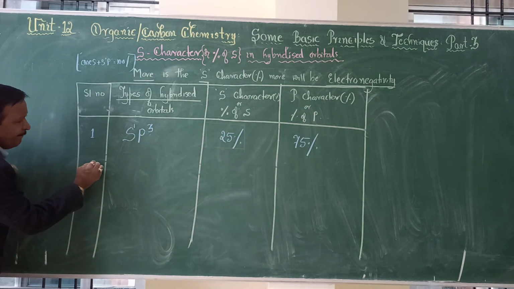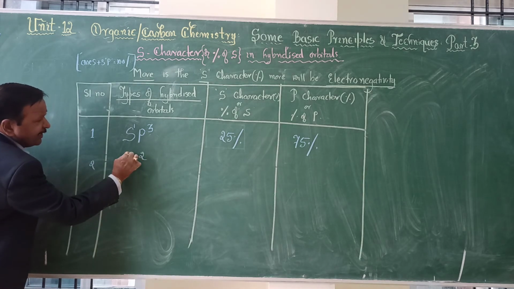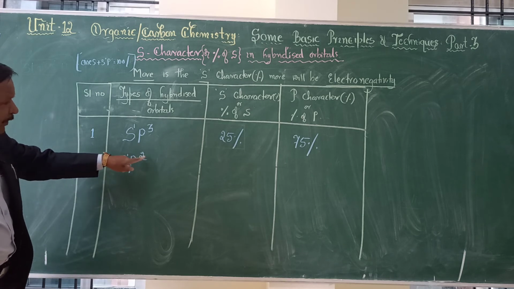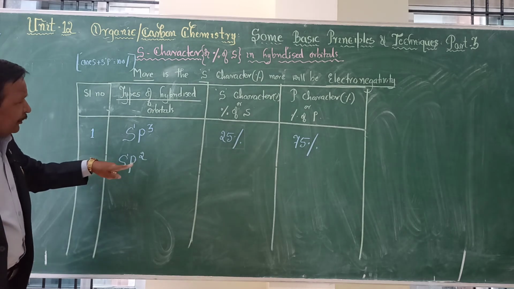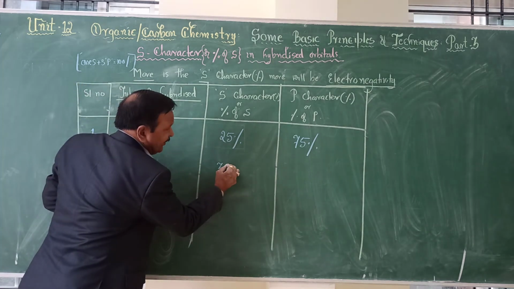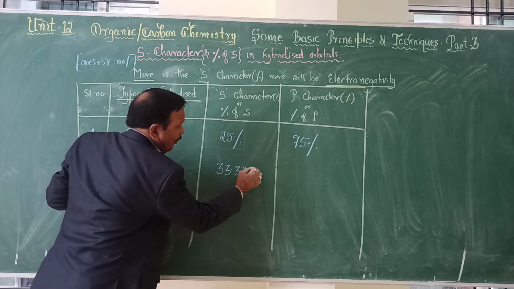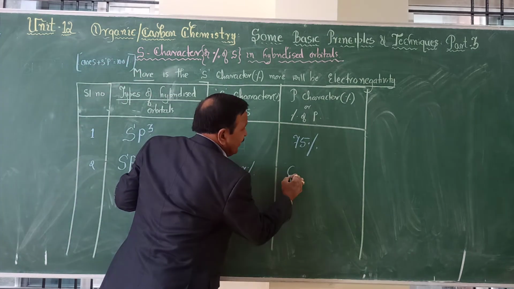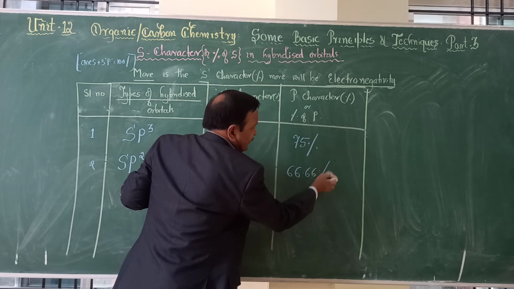Second, in sp2 you have 2 plus 1, 3, total equal to 100. So S will be 33.33%, and P should be 66.66%.